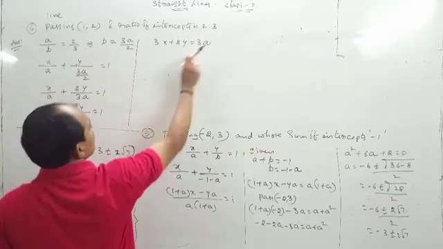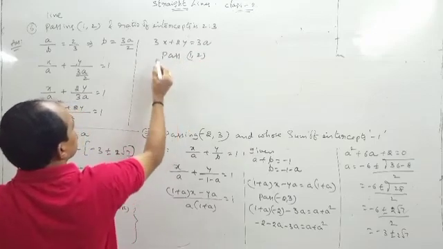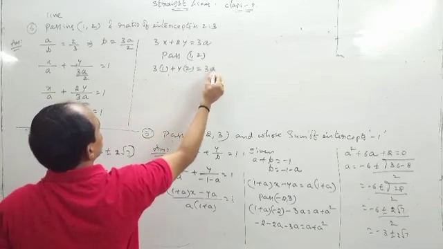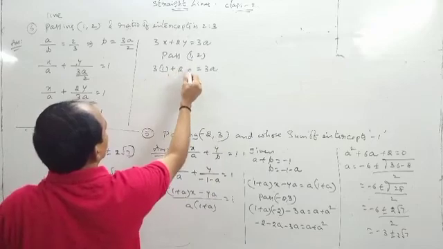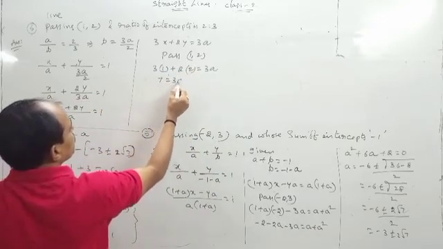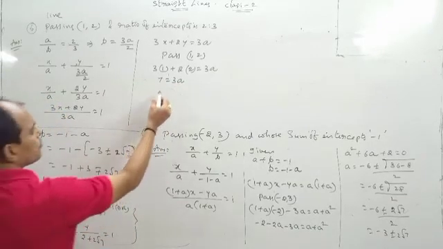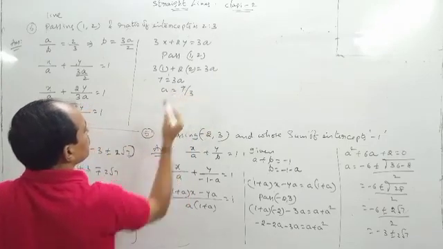How to find this a? This line is passing through 1 comma 2. Now 3 into 1 plus 2 into 2 is equal to 3a. 2 into 2, that is 3 plus 4, 7. 7 is equal to 3a, so a is equal to 7 by 3.